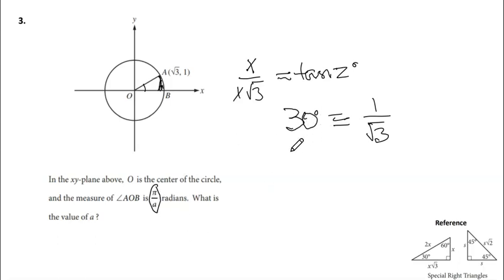So in circles, the total angle, if you go around the circle, is 360 degrees, and that happens to be 2 pi radians.